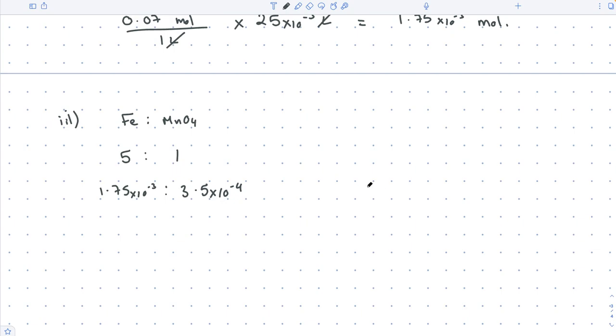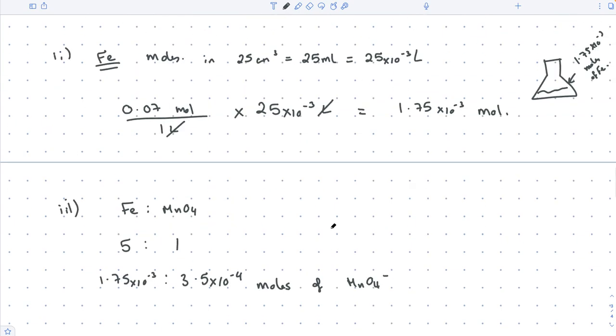So it's looking at 5:1. What's another way I could say 5:1? Think back to equivalent fractions, if you can think back to that skill from maths. I have 5:1 there. I could also represent it as 5:1 in this way. Because if this is 5 times bigger, I divide that and I'll get this on this side. So that's how many moles of the permanganate that we have at the end of the reaction.